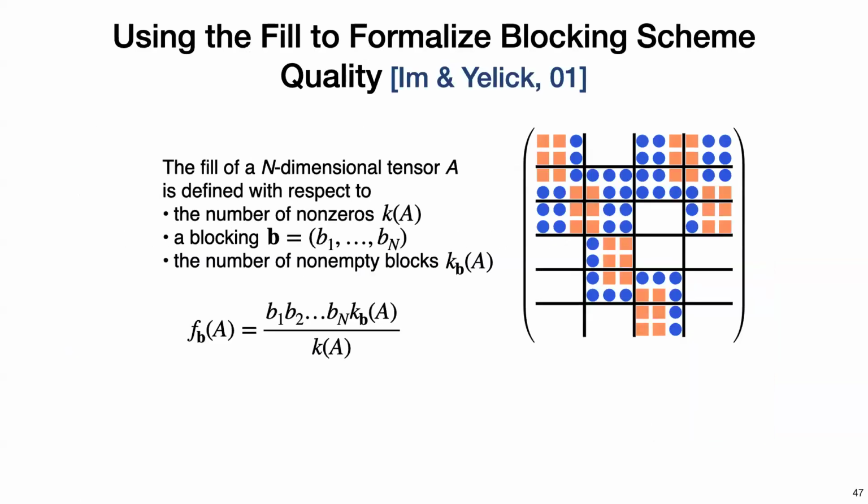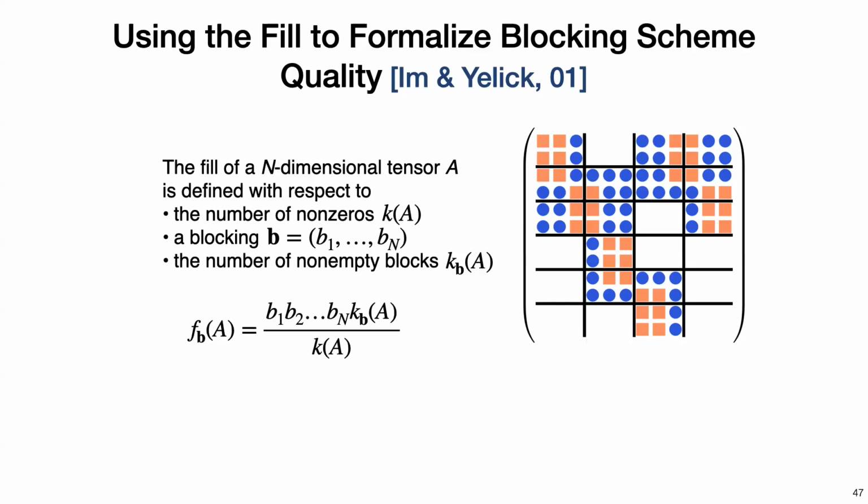So in the block formats, we were talking about choosing block sizes and how it's not obvious. Even if you have full knowledge of the matrix, it depends also on the machine, how you should choose the block size. And in 2001, they introduced this notion of the fill.